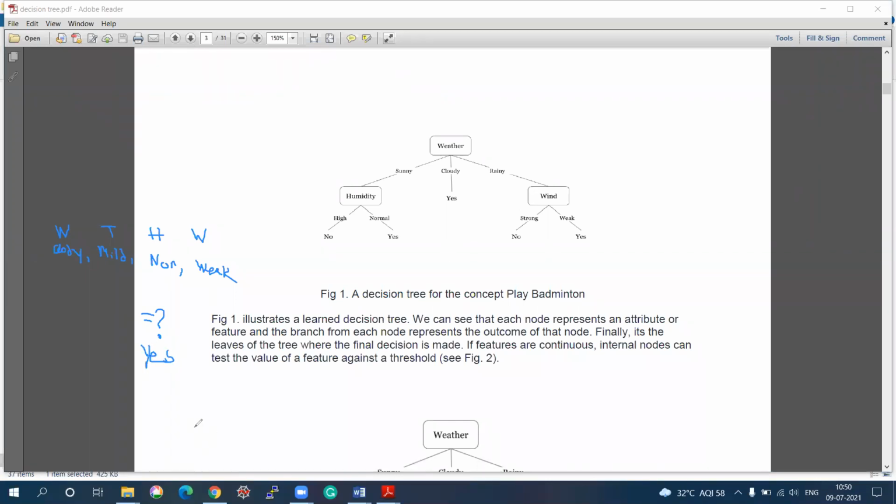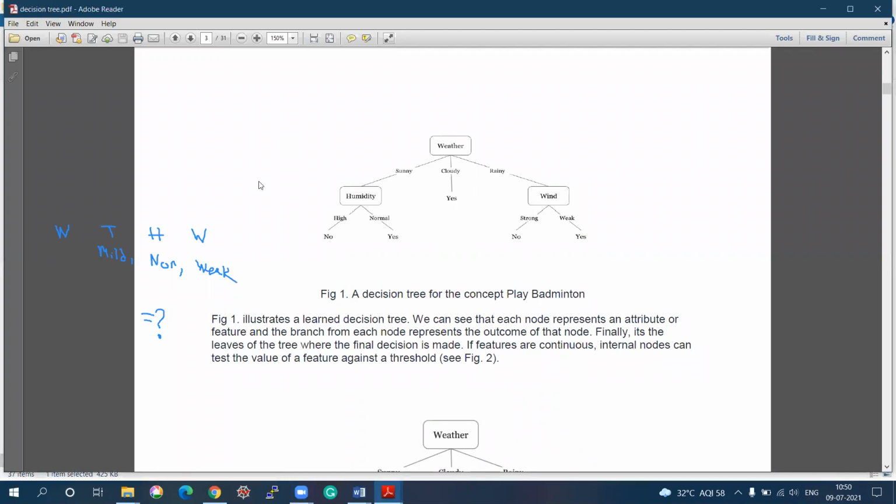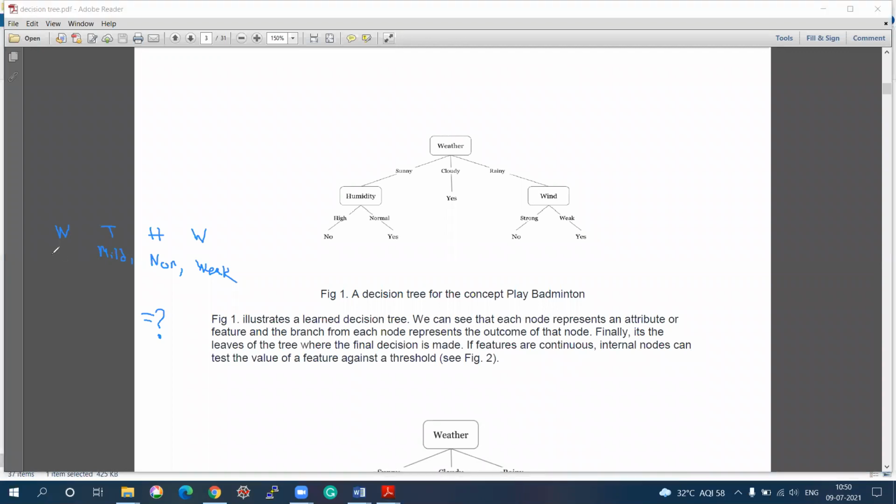Now, suppose the weather is not cloudy, it is sunny. Then what will happen? If weather is sunny, how will we take the decision?